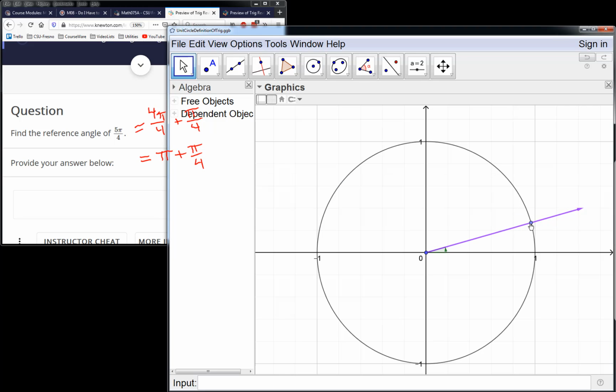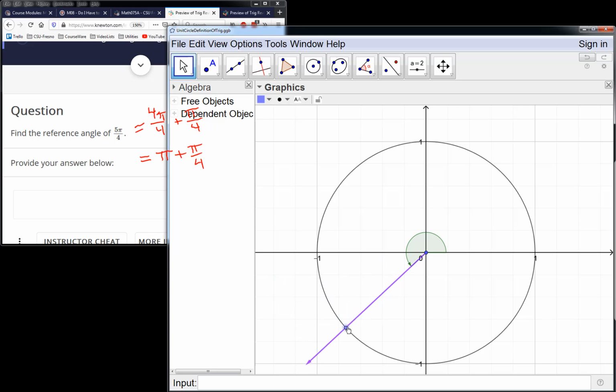Okay, my mouse was not responding. So the angle pi, I know, looks like that. It's a half revolution. And then this says you go pi, and then you go another pi over 4. Uh-oh, it's going to stick again. There we go.